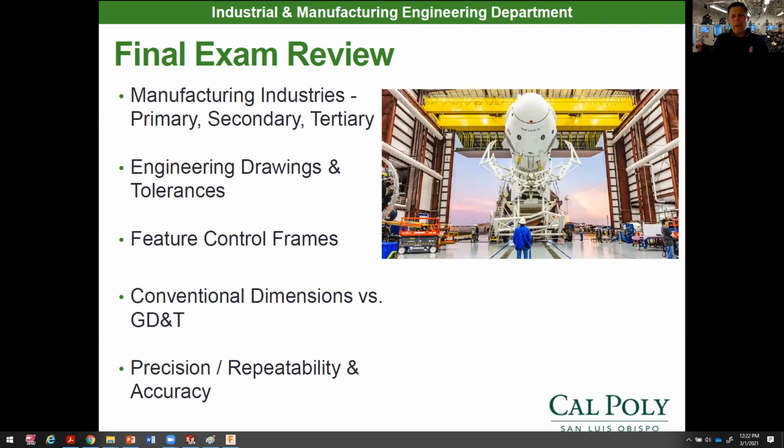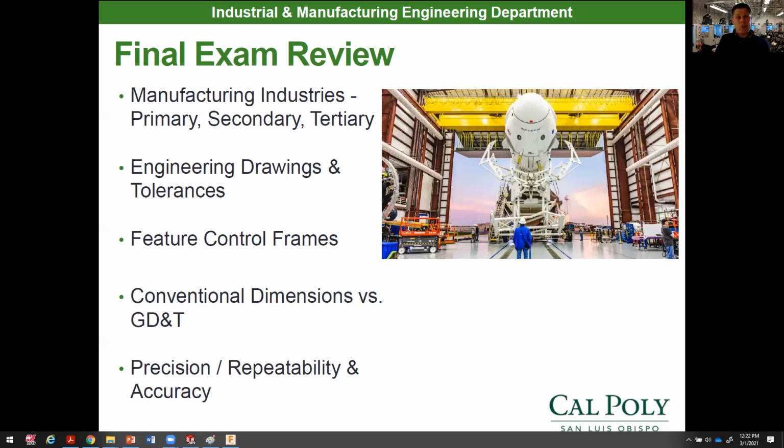Well, we learned then throughout the quarter that these conventional dimensions can lead to what we call extreme form variation, where if the part's feature starts with the maximum material condition on one side of it and then goes to the least material condition on the other, we have something called extreme form variation, because our feature is within the limits or within the tolerance, but it changes its form based off that conventional tolerance.